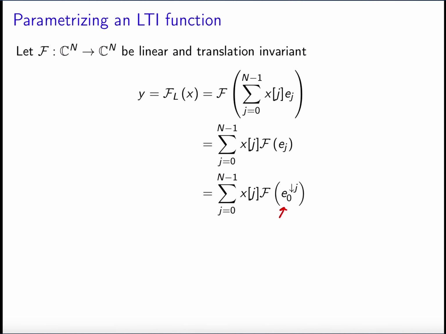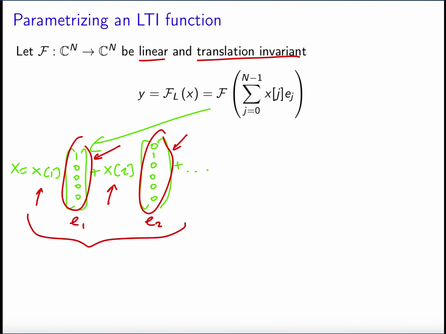Here we're numbering the signal from 0 to n-1, so maybe I will fix this. This would be e of 0, x of 0, because we're starting numbering at 0, then x of 1, e of 1, and so on.